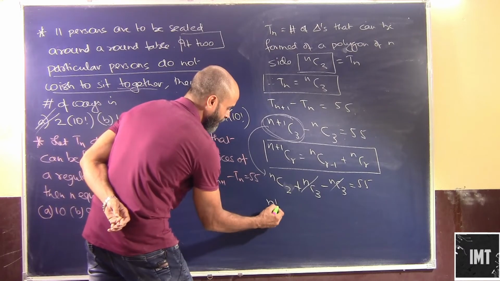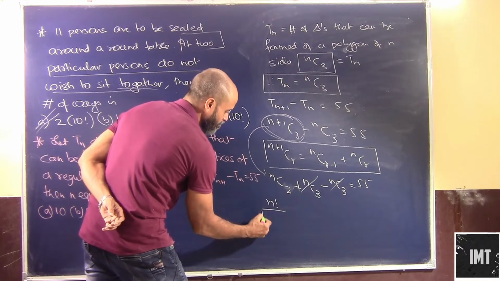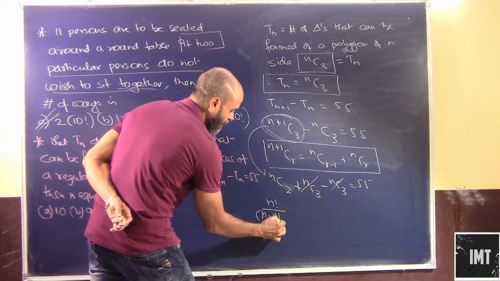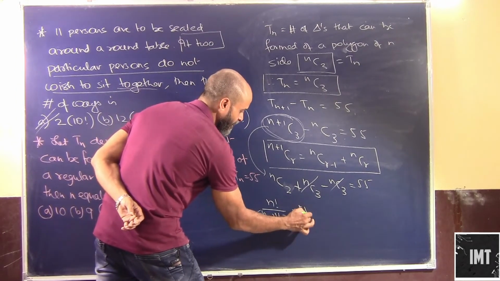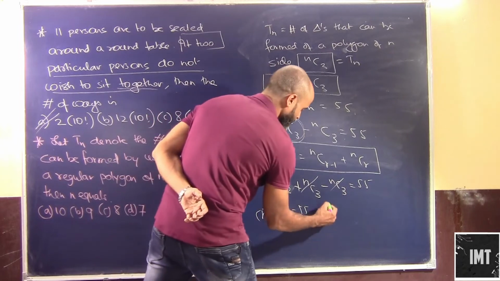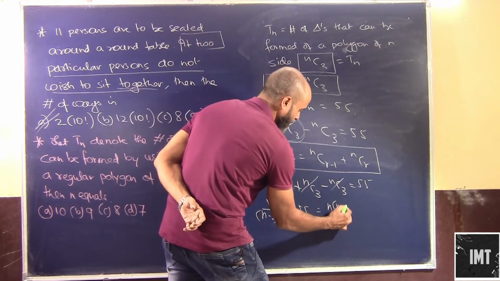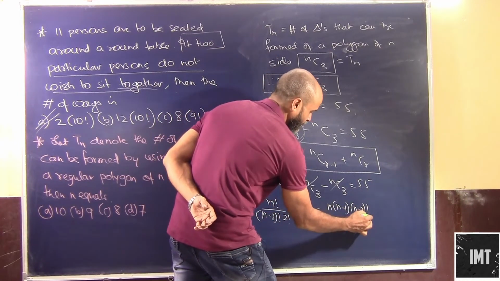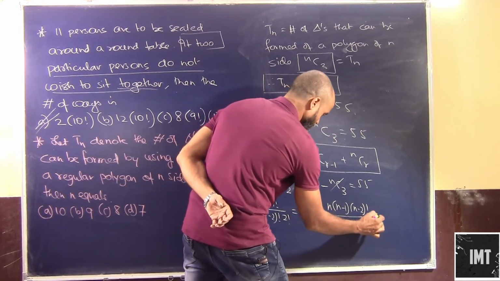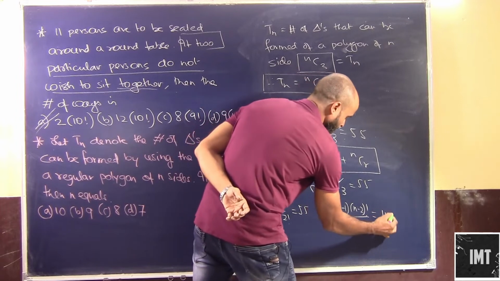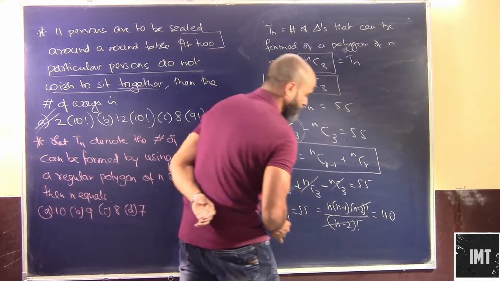That will be factorial n upon n minus 2 factorial 2 factorial is equal to 55. If I take this 2 here, so this will be n into n minus 1 into n minus 2 factorial upon n minus 2 factorial is equal to 55 into 2, that is 110. So n minus 2 factorial and n minus 2 factorial get cancelled.